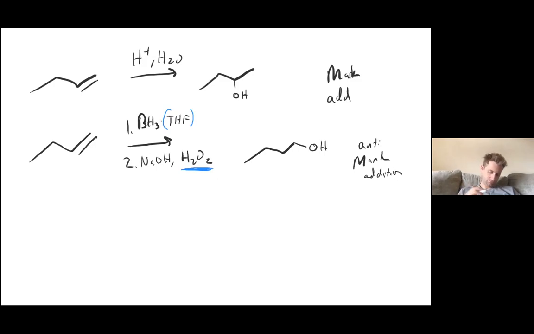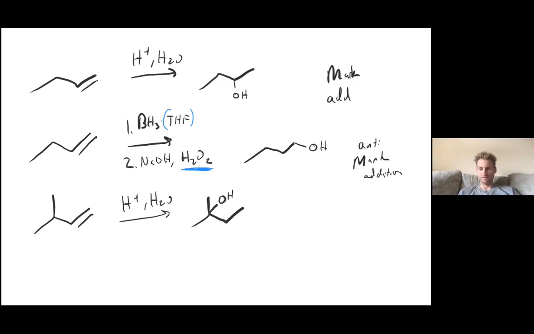So, if we were to take this, I don't know, double bond here, add an H plus, H2O. As we talked about earlier, this one would end up doing a hydride shift to make an alcohol like so.